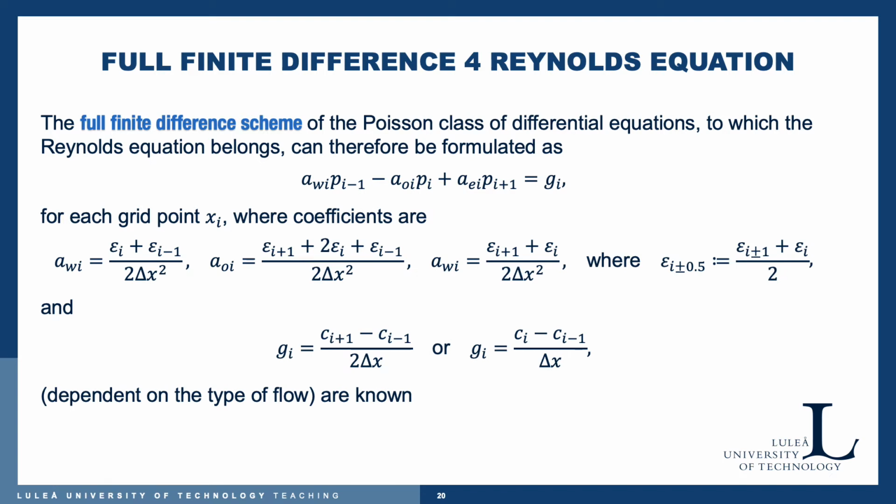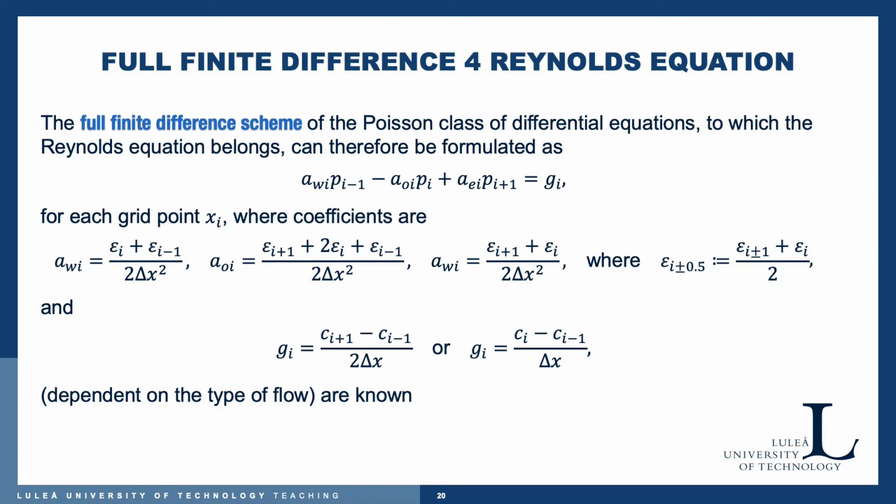The coefficients AW_i, AO_i, and AE_i are just functions of the coefficient function epsilon and the mesh size delta x. And the right hand side is either the central difference or the upwind difference, dependent on the type of flow.